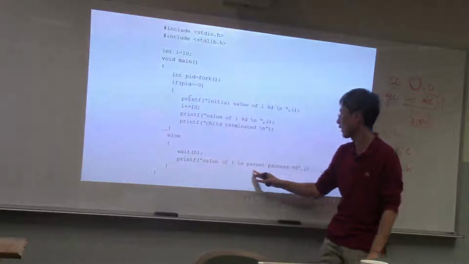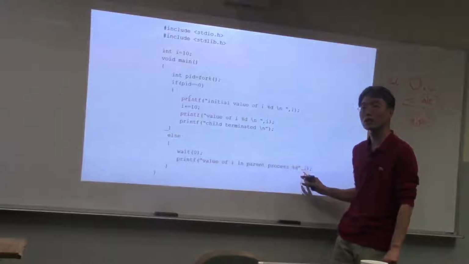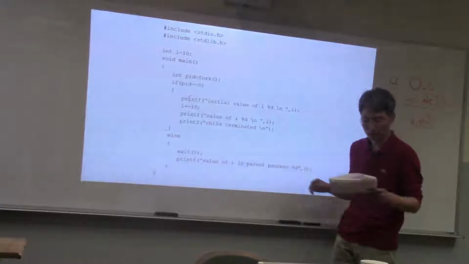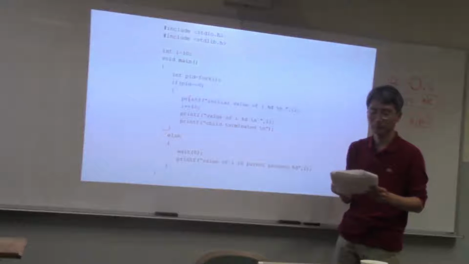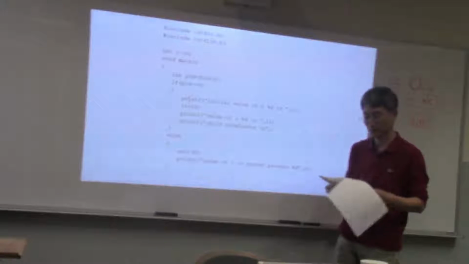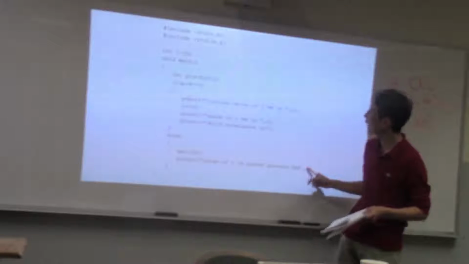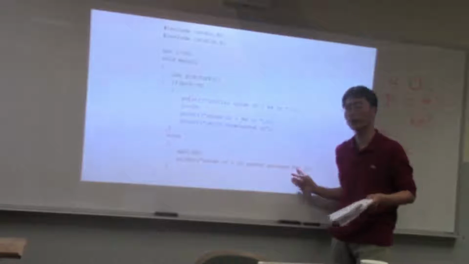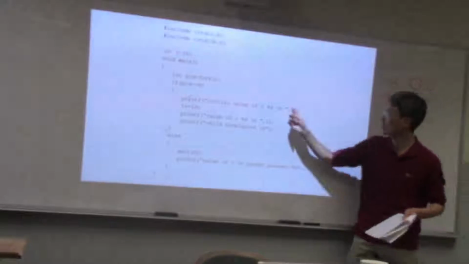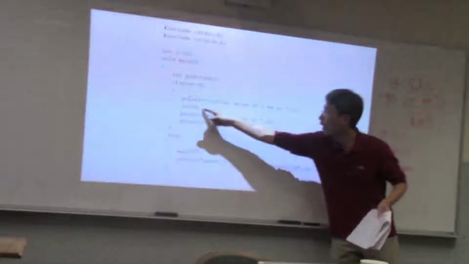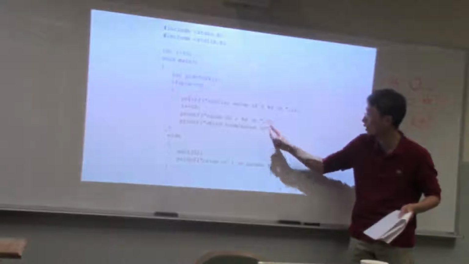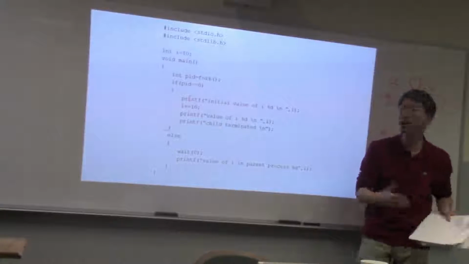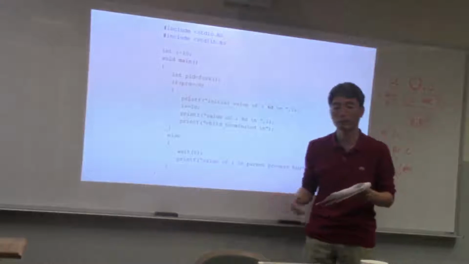Then it displays the value in the parent process. What will be the expected value of this one? Is it 10 or 20? This is a 10. After adding 10, it's a 20. What about this one? 10. It's a 10 because the parent process has its own local variable.